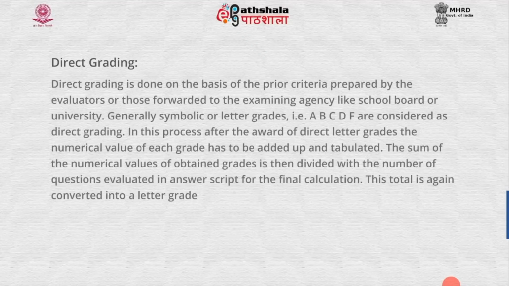In this process, after the award of direct letter grades, the numerical value of each grade has to be added up and tabulated. The sum of the numerical values of the obtained grades is then divided by the number of questions evaluated in the answer script for the final calculation. This total is again converted into a letter grade.